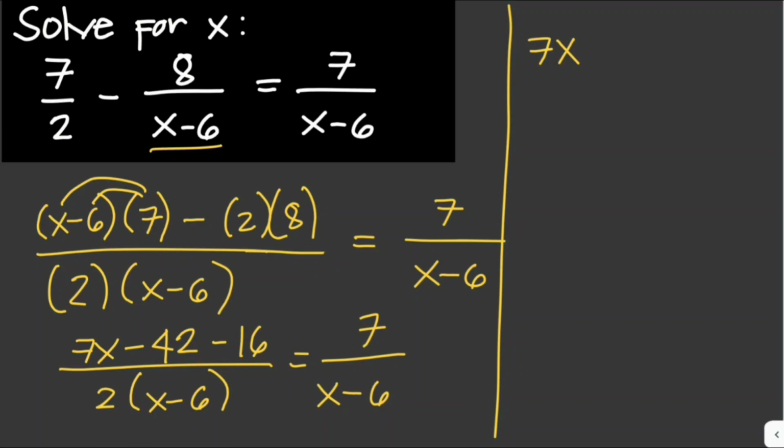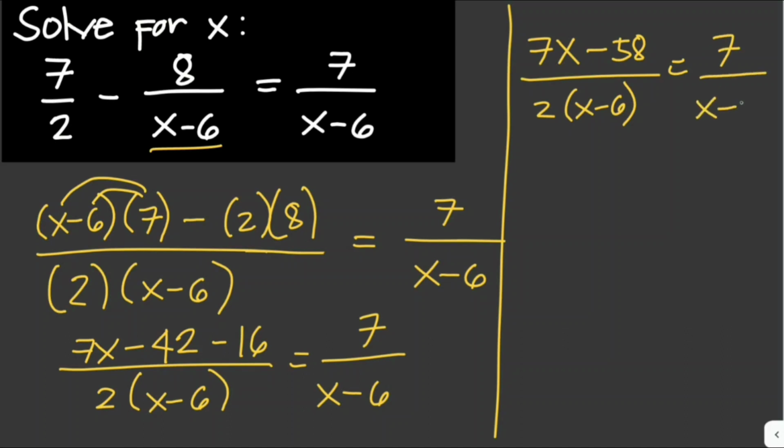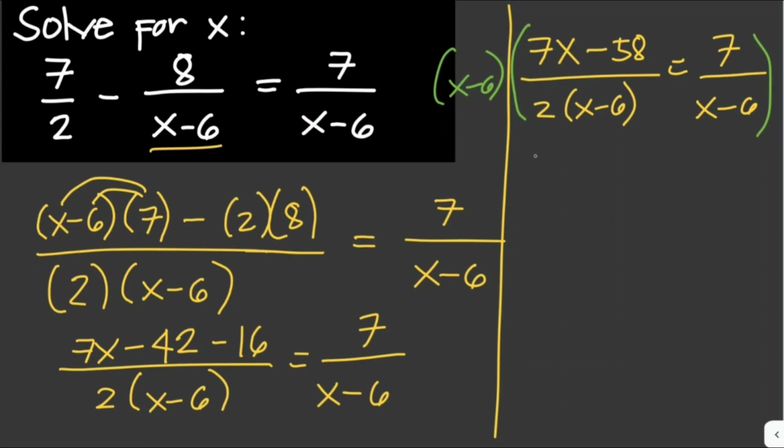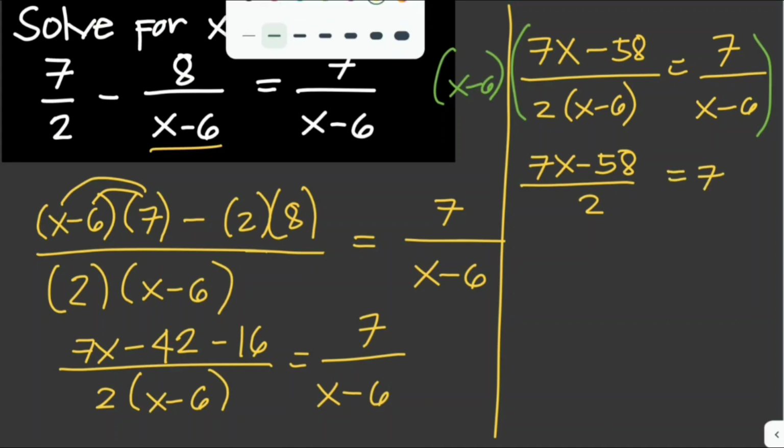Negative 42 minus 16 is just negative 58 over 2 times x minus 6 equals 7 over x minus 6. Then we can simplify this further by multiplying both sides by x minus 6. We are left with 7x minus 58 over 2 equals 7.